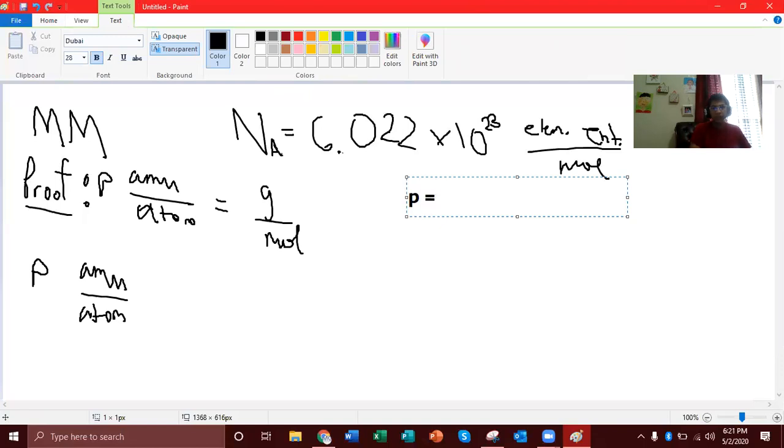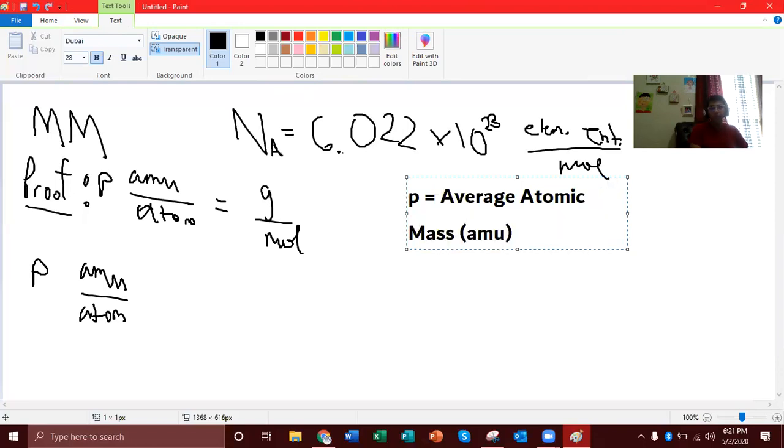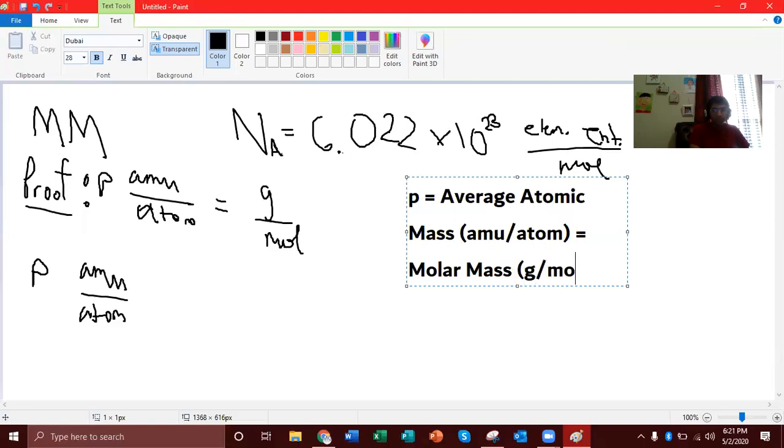P is equal to the average atomic mass in AMU per atom, because if I don't define it that way, the unit conversion is not going to work. And it's also equal to the molar mass in grams per mole.